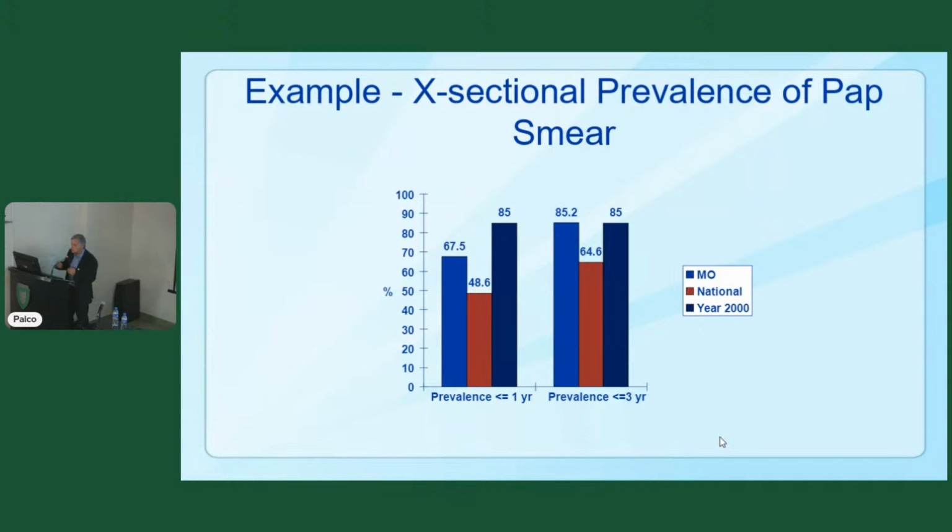So I'm looking at a random sample of women in the state of Missouri compared to national and year 2000 goals for the state of Missouri back in 1995. I'm looking at a random sample of adult women in Missouri, and I asked the simple question, have you ever had a Pap smear, which is a Papanicolaou test to detect cervical cancer?